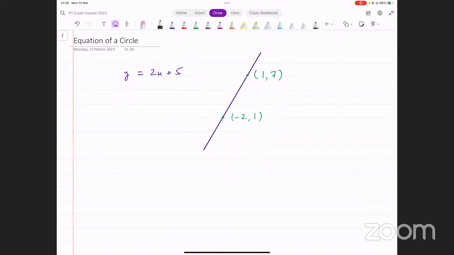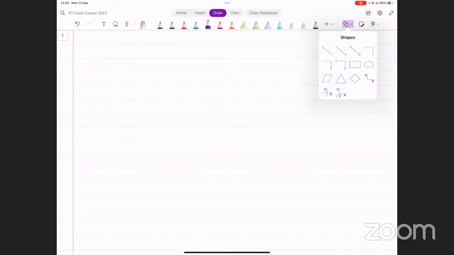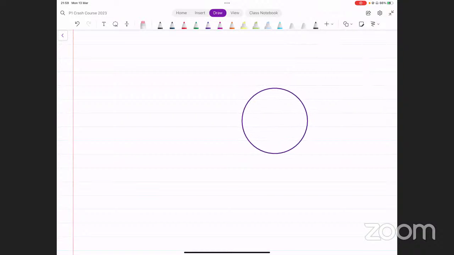Now, when we talk about the equation of a circle, let me actually start with an example first of all. Let's say we have a circle that looks like this. So we have this circle. All right. And let me actually make it slightly bigger. All right, so this is a circle that I have.